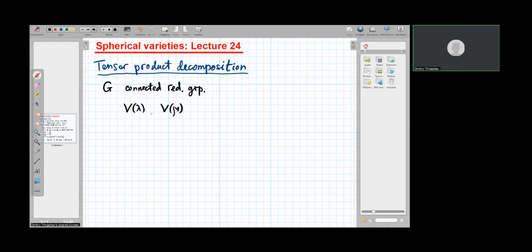These representations are irreducible, but their tensor product is also a representation of G. It is no longer irreducible in general. And the problem is to decompose this tensor product of two irreducible representations into irreducible summands, into irreducible G modules.